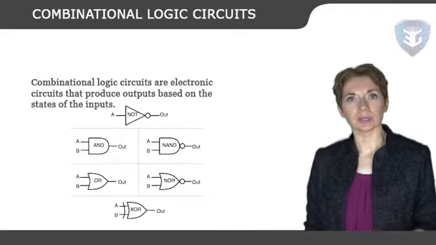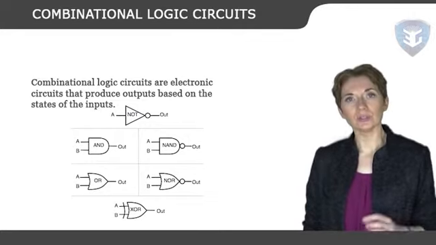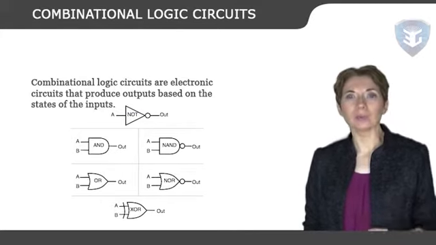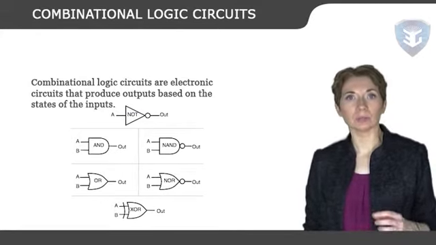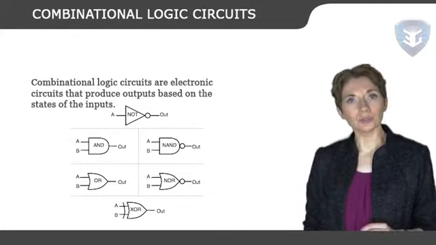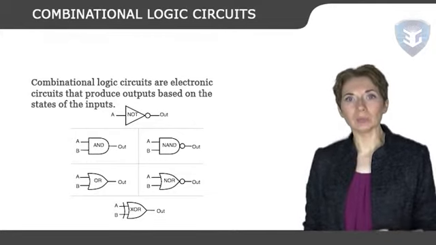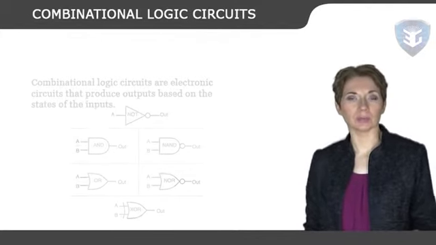Given the first input is input 1 and the second input is input 2, a two-input OR gate will output a high if input 1 or input 2 is high. A two-input AND gate will output a high if input 1 and input 2 are high. The combinations of input levels determine the output.